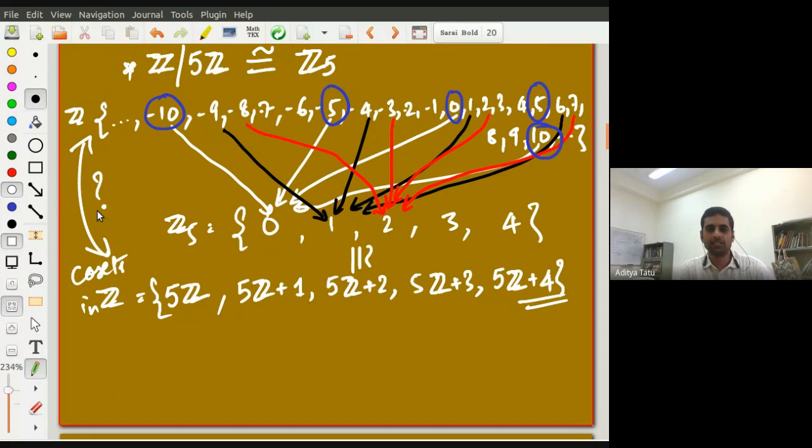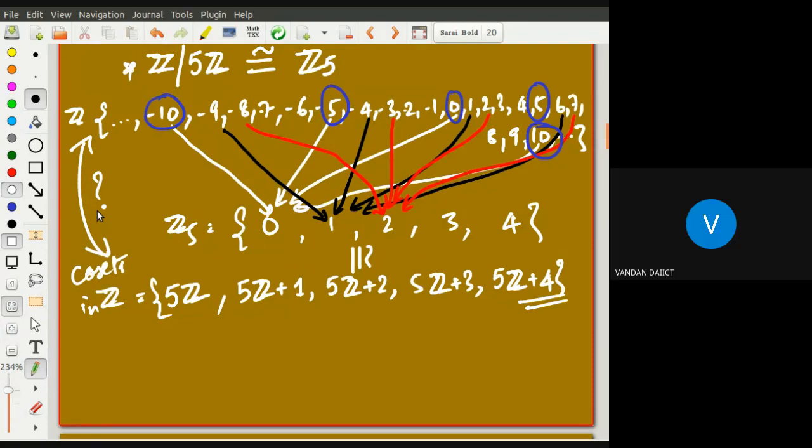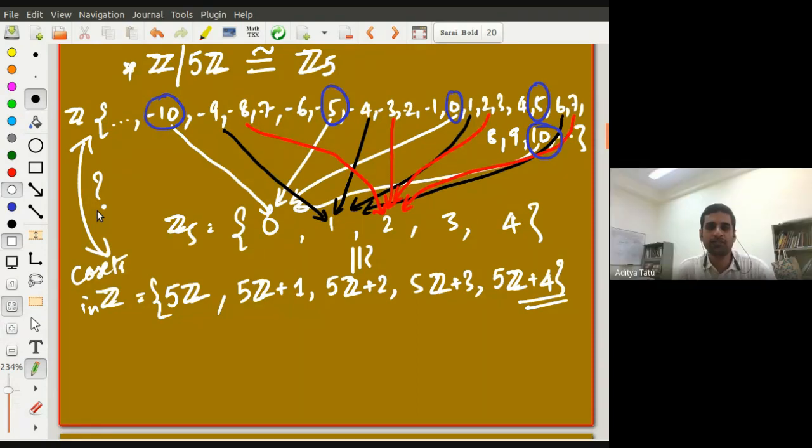So you made cosets from Z, right? Now, what is the property of cosets? It is going to partition the original set, isn't it? So if I map an element to its coset, that mapping by definition is onto, isn't it?